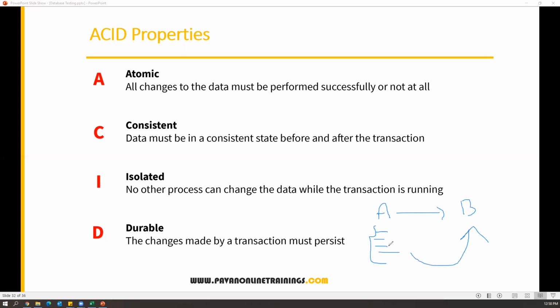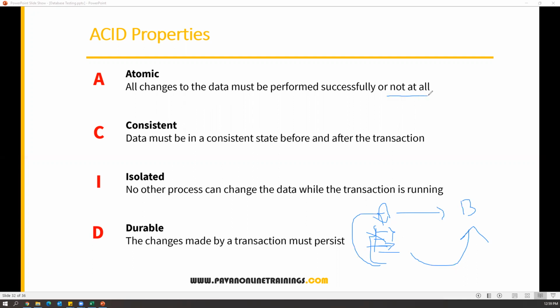But suppose after completion of a few steps, for some reason it failed somewhere, then what should happen? The whole transaction should be cancelled, and it should restart from the beginning. That is called the atomic feature. All changes to the data must be performed. If it cannot perform, it should go back and initiate the transaction from the beginning.